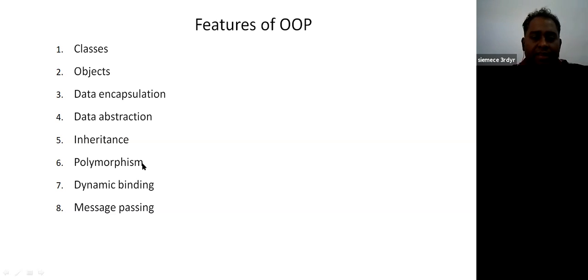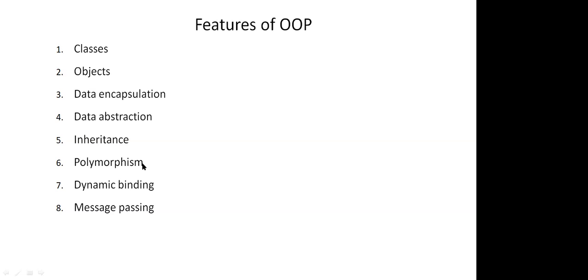So in case of polymorphism, how are we going to identify those things, or differentiate? That is its signature. This function will have its return type.